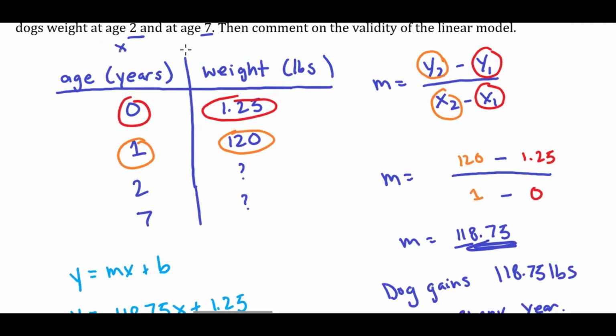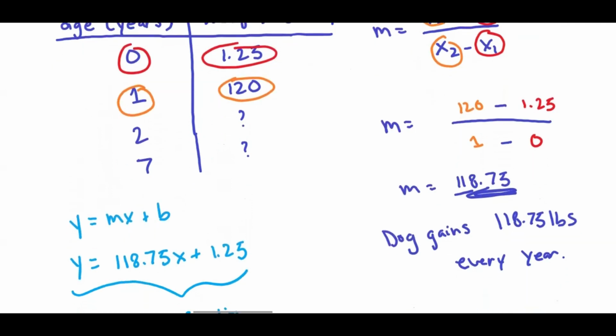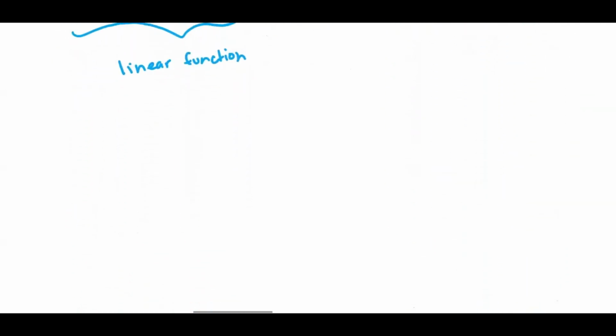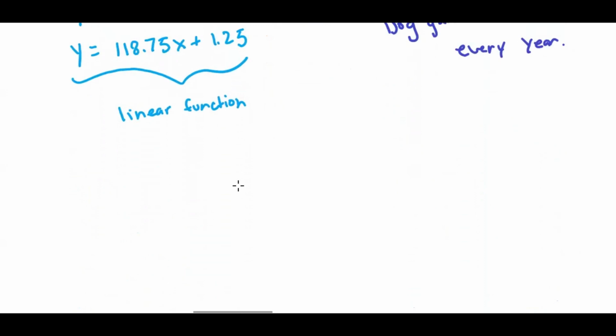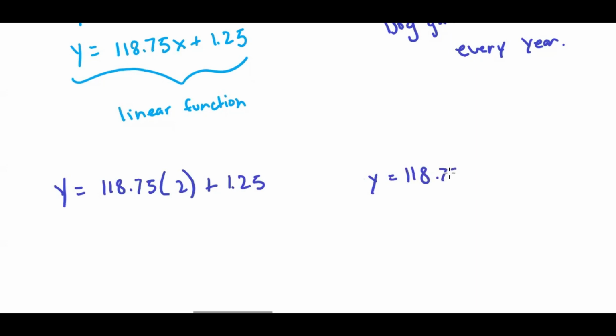Let me label X and Y here, just to keep this clear, because the formula has X's and Y's in it. Remember, X is the independent variable, and Y is the dependent variable. So I'm going to replace the X, number of years, with a 2 for this first one, figure out the dog's weight at 2, and then I'll do it again, but use a 7, figure out what the dog's weight would be at age 7, using this function.